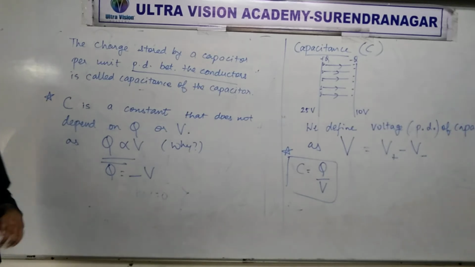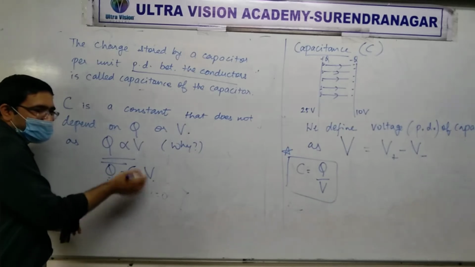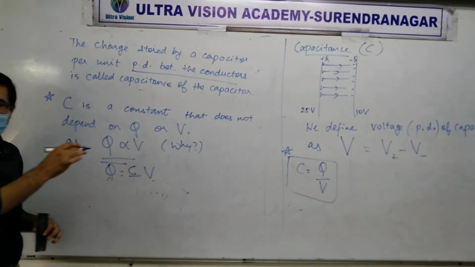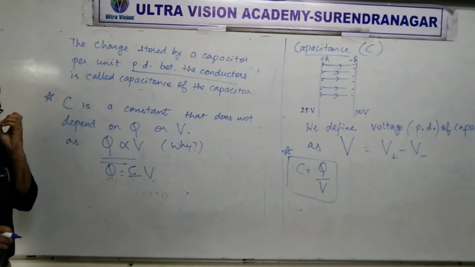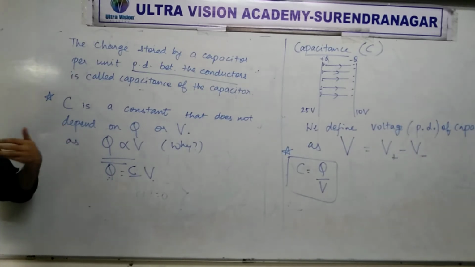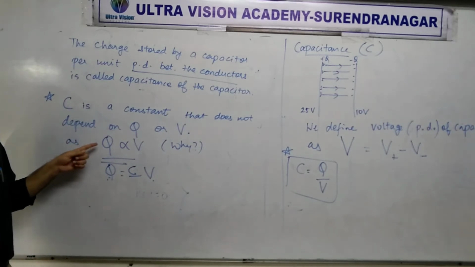It is always that this constant should never depend on these two. Right? Now why is Q proportional to V? I can give you a little bit of idea right now, but you get actual understanding of it when we derive things.